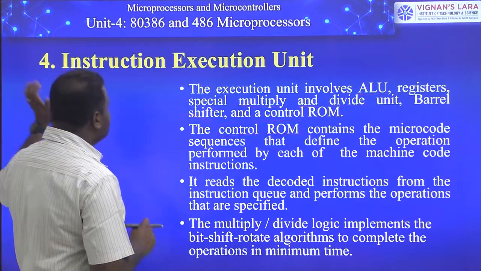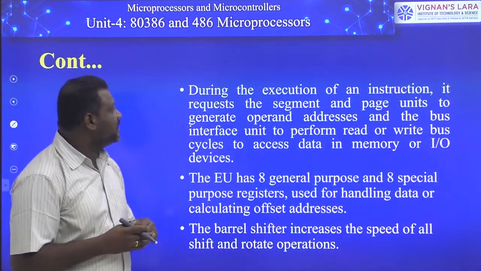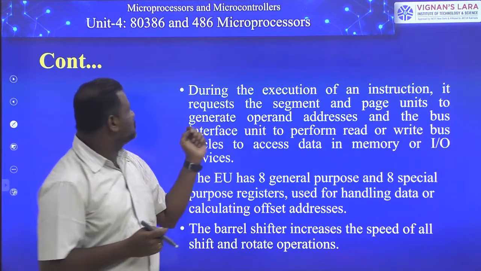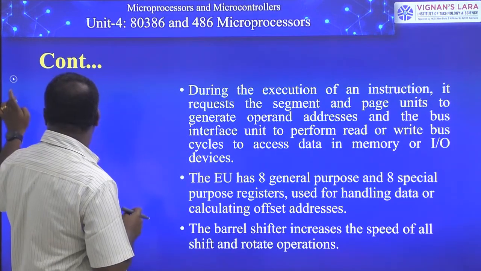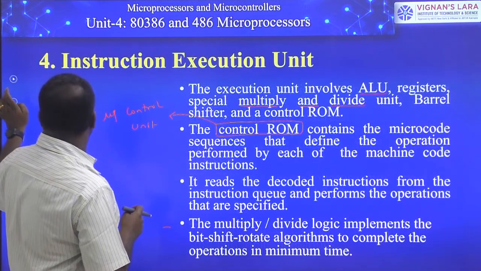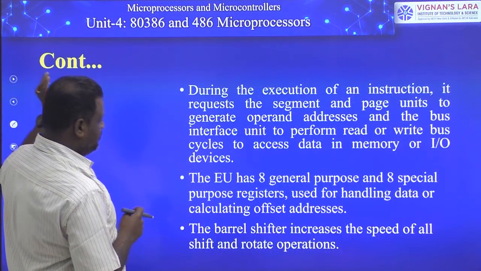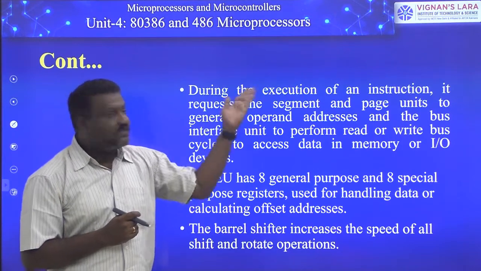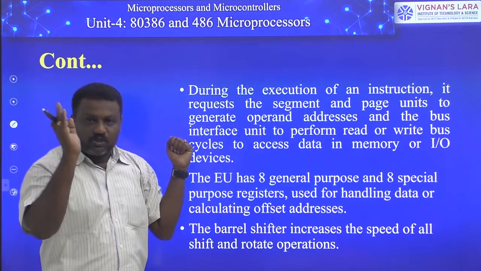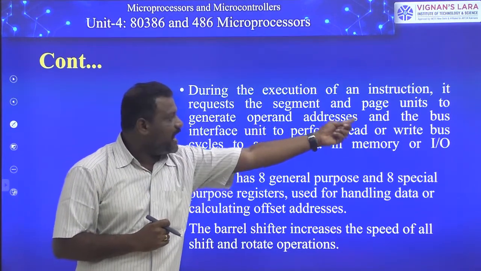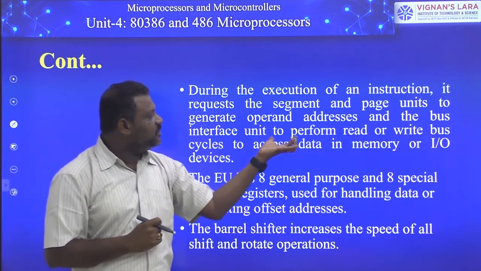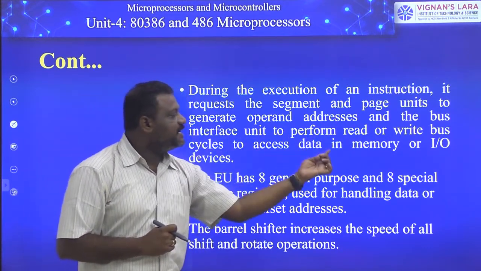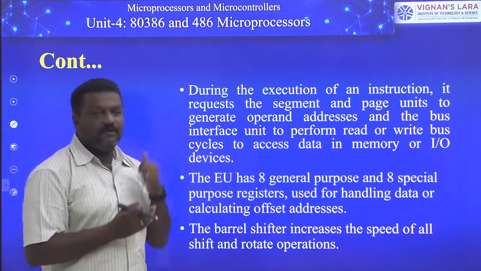And thereafter, it may have another important thing. During execution of an instruction, it requires the segment and paging units to generate operand addresses and the bus interfacing unit to perform read or write bus cycles to access data in memory or an I/O device.